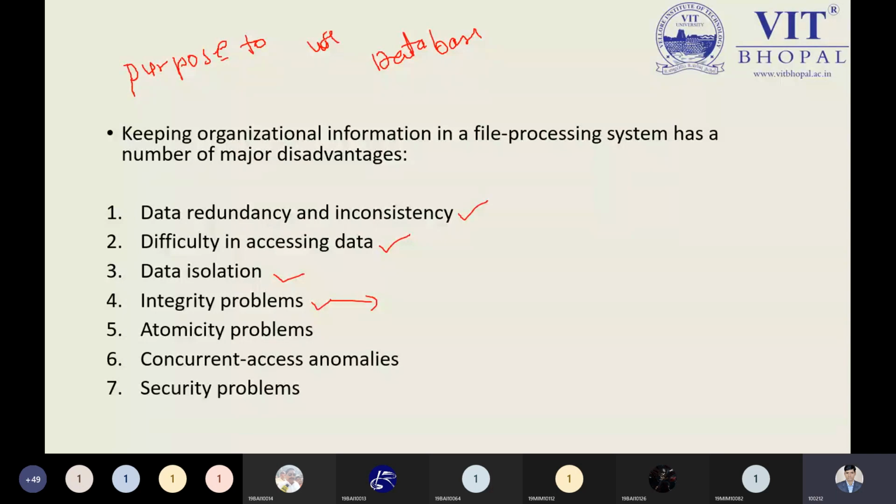So validation is a possibility. The integrity problem comes when we talk about the consistency constraint, which is also maintained by the integrity constraint when we discuss check and validation. For the first digit, 1, 2, 3, 4, 5, there is no mobile number starting from 1 to 5 in India. The first digit should be 6, 7, 8 and 9.